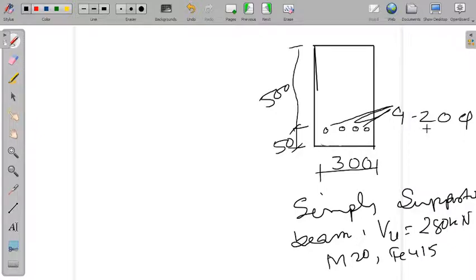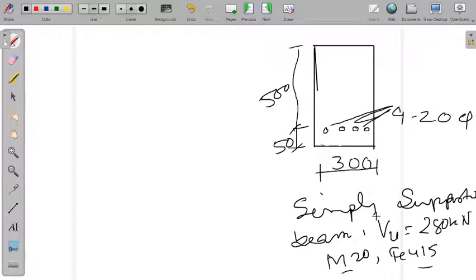It consists of 4 numbers of 20 mm diameter reinforcement bars. The given factored shear force is 280 kilonewton, and the width of the column support, where the beam is supported on the column, is given as 300 mm. It also mentions M20 grade of concrete and Fe415 steel. The question is to determine the anchorage length required.